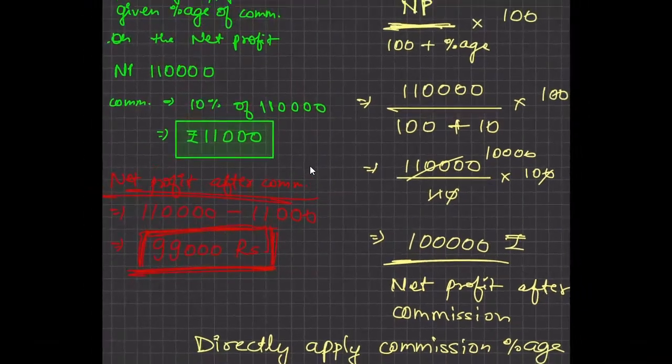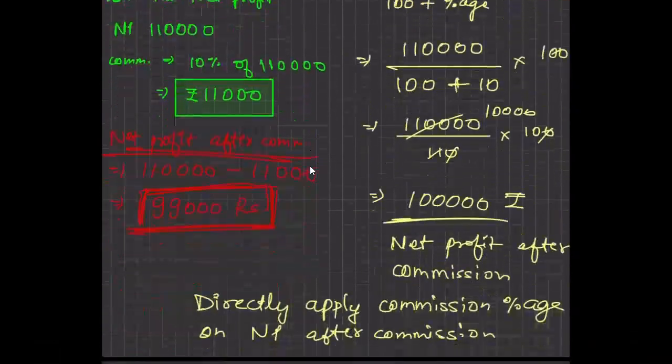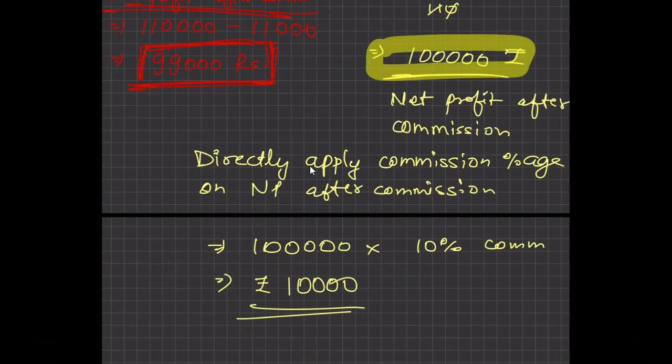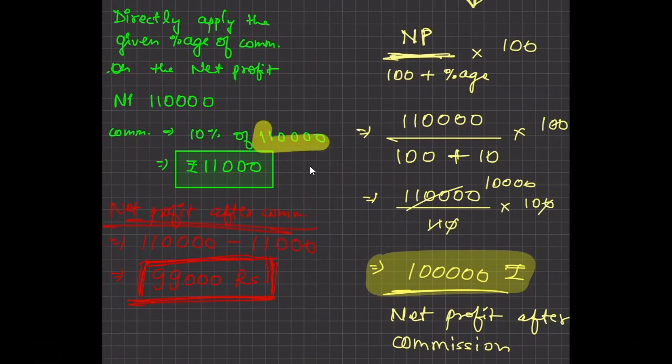They have changed only one word, before charging such commission and after charging such commission. Because of that one word, our commission has decreased, because here we are taking the base as net profit after charging the commission. My base is 1 lakh rupees on which I am applying the percentage, whereas in my earlier example, my base was 1 lakh 10,000. That is the difference I am talking about.